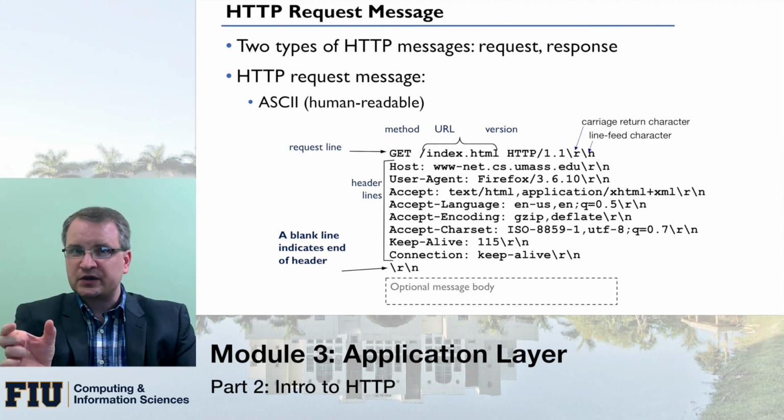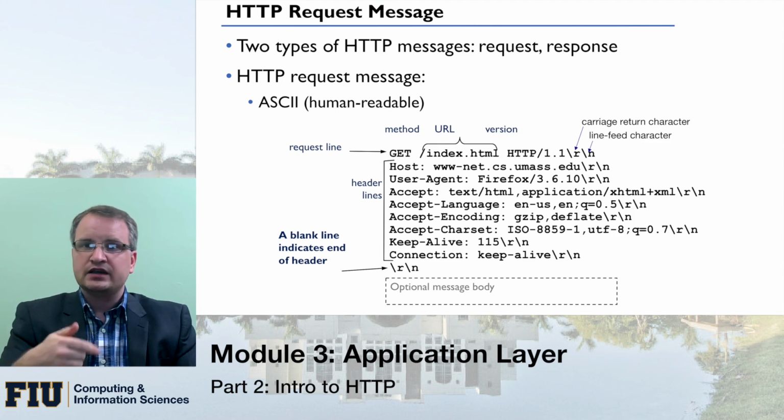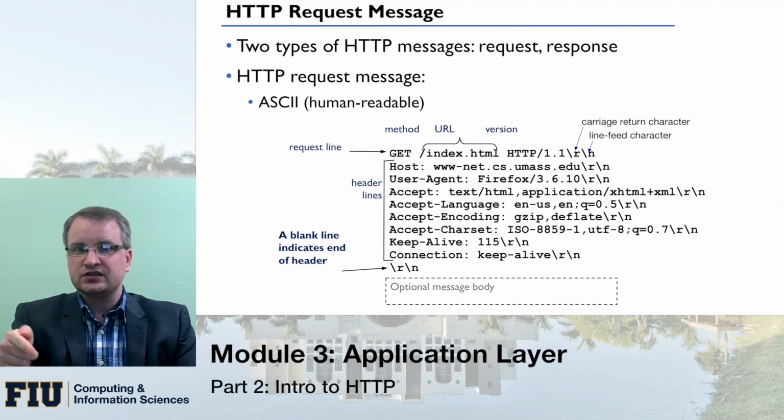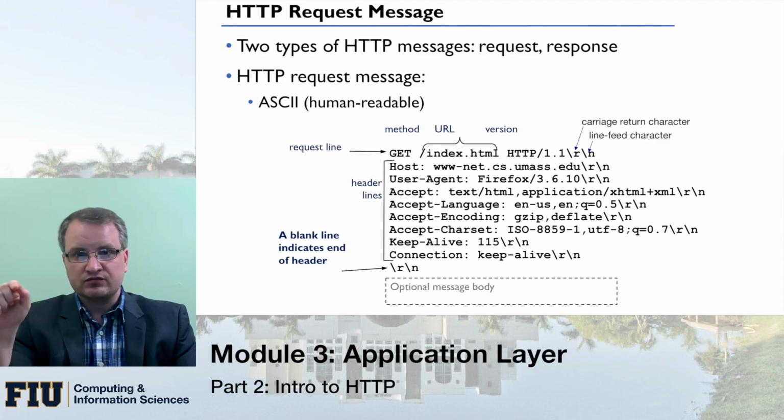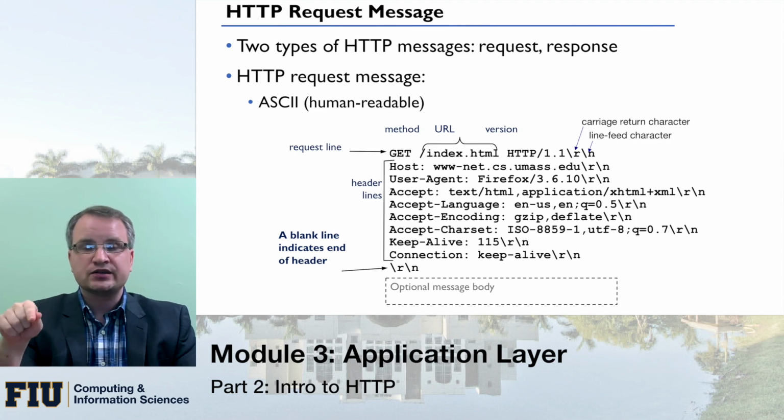Then there is a specification of the type of protocol I'm requesting. In most cases, it would be either HTTP/1.1 or 1.0, depending on what protocol you're going to be running. And the line has to end with two characters, not just a line feed character, but also the so-called carriage return character.